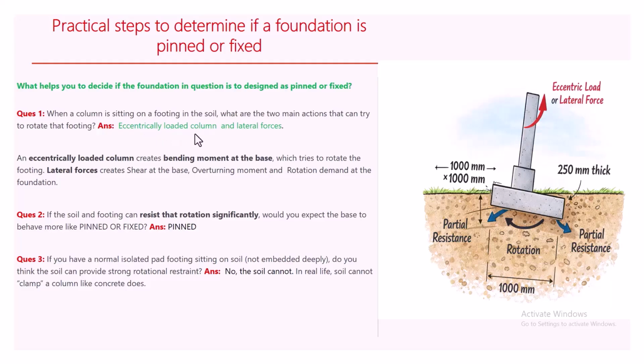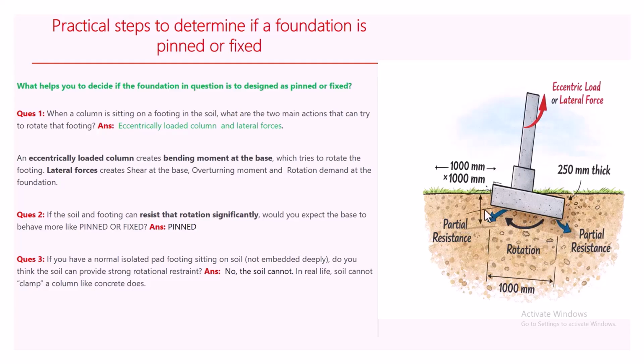As you can see from the picture, the eccentric load and the lateral forces will cause a rotation. And when there's a rotation, you see how your footing behaves. Here it settles, here this edge tries to come up. And you have partial resistance as well.